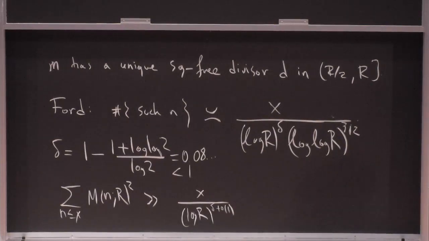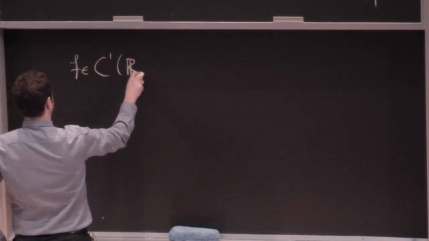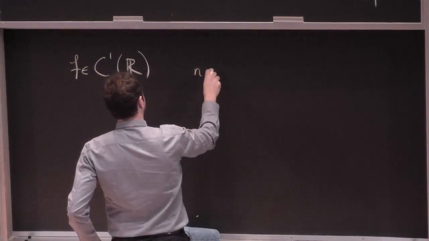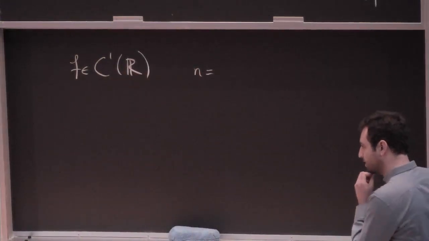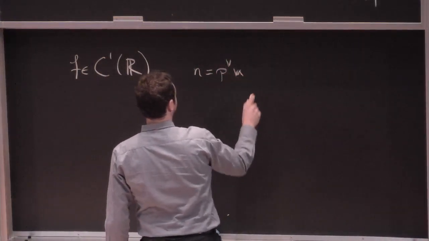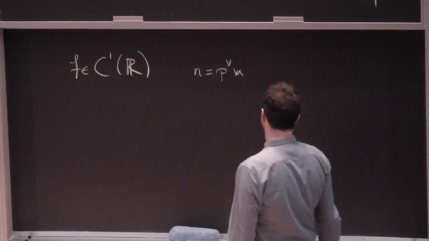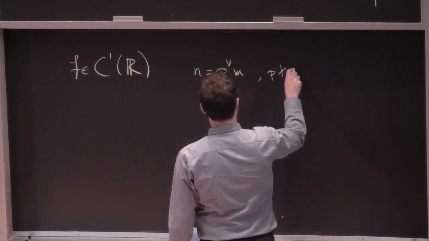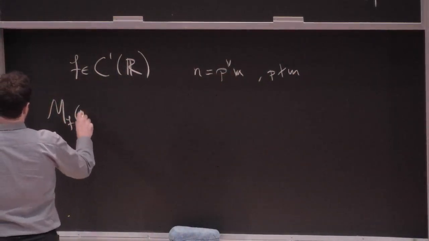Right. So now let's consider a more general function, say one that is in C1, and let's repeat the same construction, assuming that our function is in C1. So I will write my n as some prime p to the v times m, where p does not divide m. And I will look at the sum for n r.